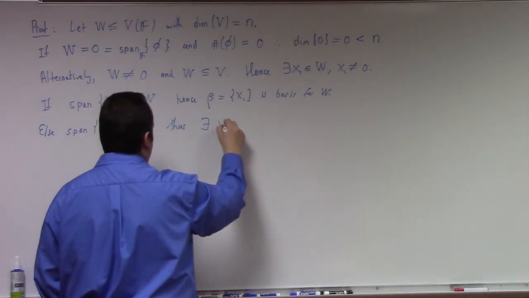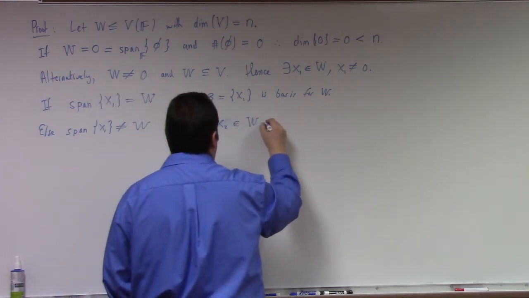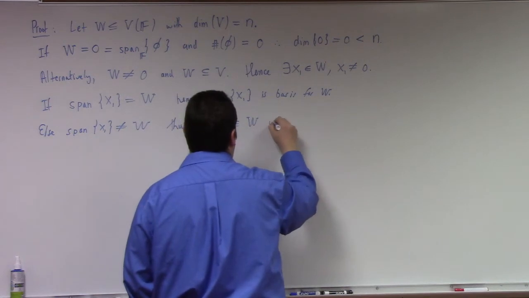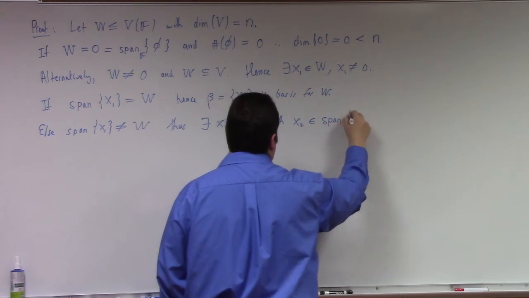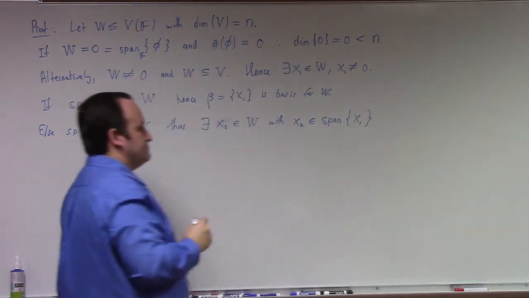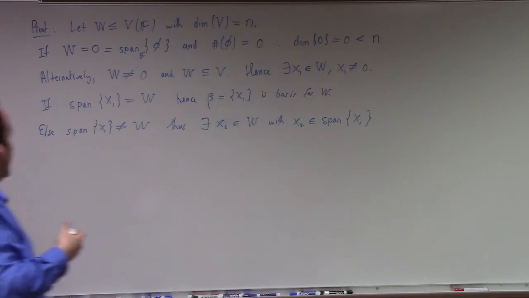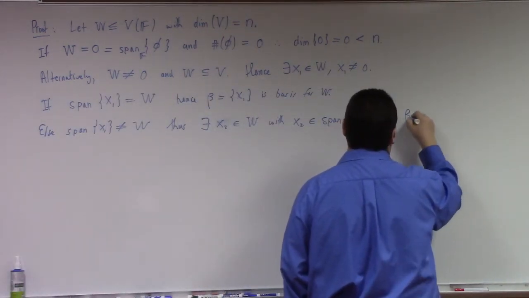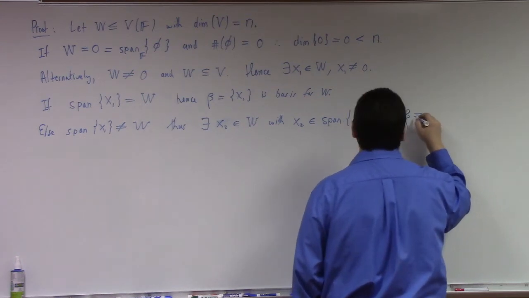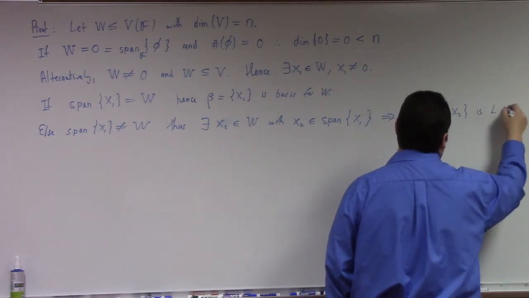There exists an x2 in W with x2 not in the span of x1. So by the plus-minus theorem, that allows me to construct beta sub 2, with x1 and x2 in it, which is linearly independent, right?